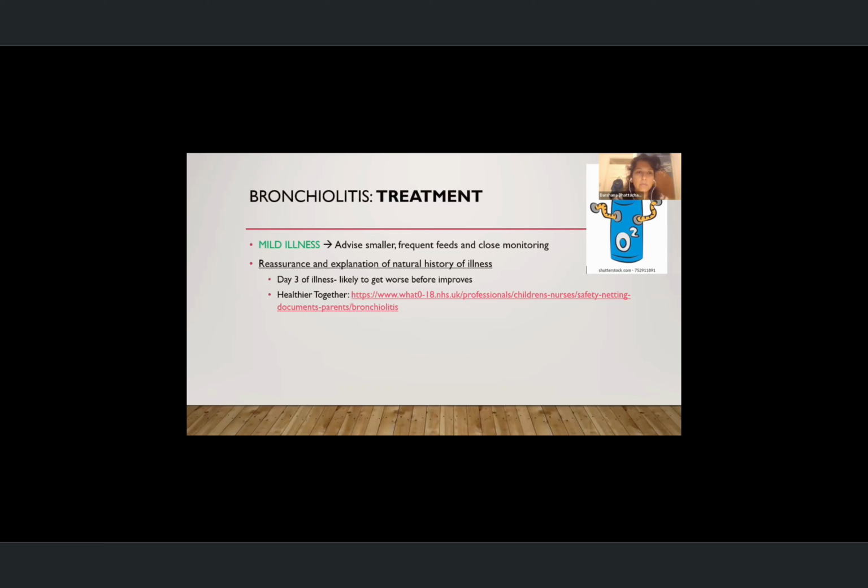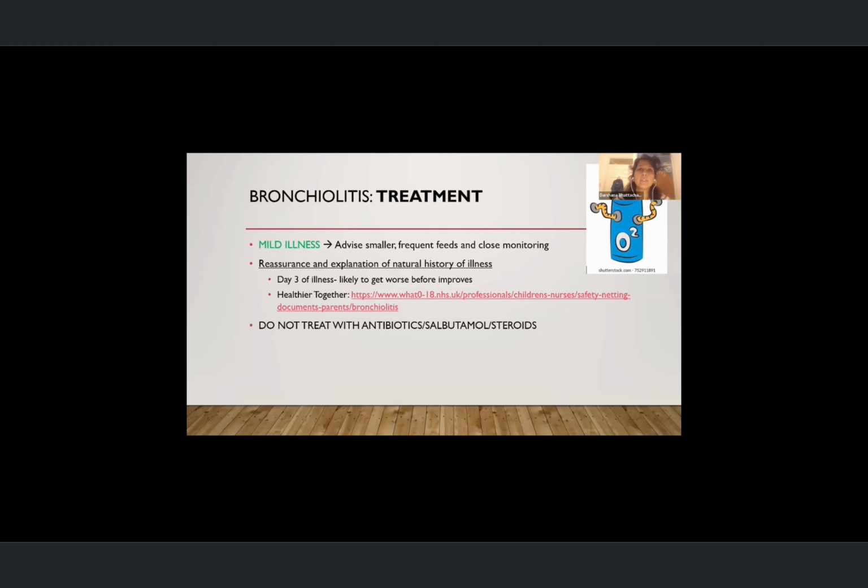And there's a really nice resource for parent information called Healthier Together. There you can actually send parent information virtual leaflets to their phones with their consent. So you don't need to shuffle around with lots of paper leaflets.